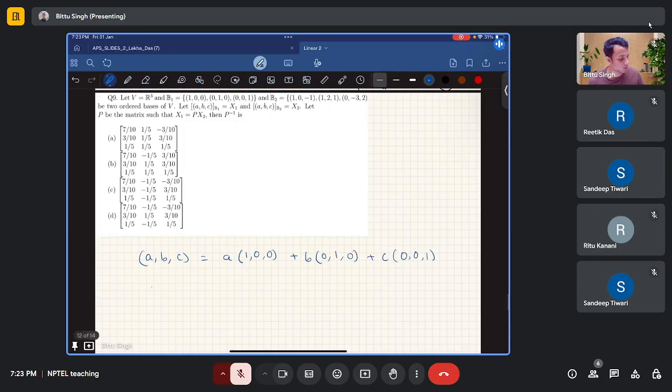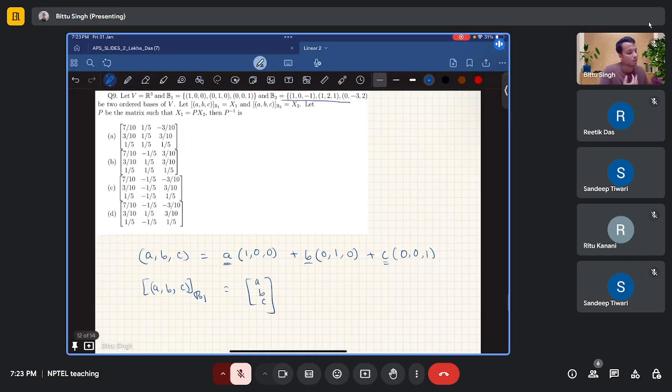From here it is clear that the coordinate of ABC with respect to beta 1, basis 1, is the same as those coefficients ABC, right? Now the tricky part is, again we need to calculate the coordinate with respect to this basis.